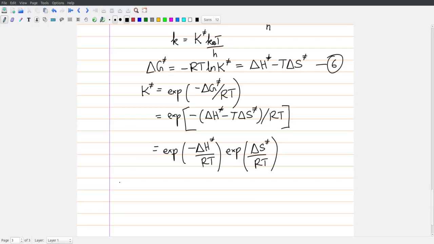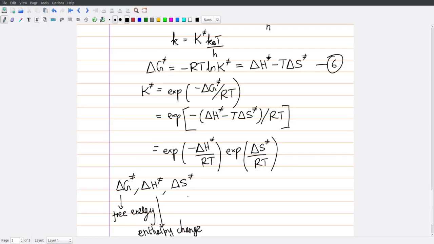Now, this delta H, delta G and delta S are all thermodynamic quantities which we are aware of. So, this stands for free energy, this stands for enthalpy change, and this one stands for entropy change.